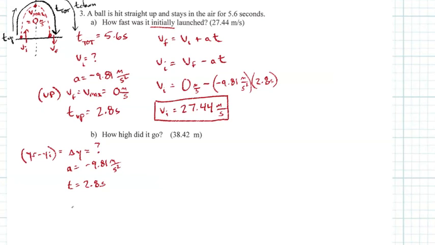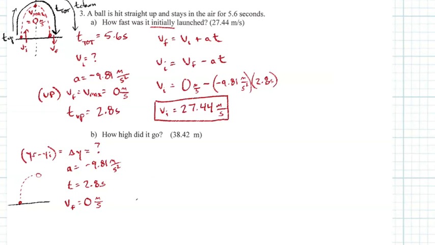We know that the final velocity, VF, is 0 meters per second. Again, this is assuming just the first half, the ball starting and going up into the air right here, if this is our ground level right there. So our V final is 0.